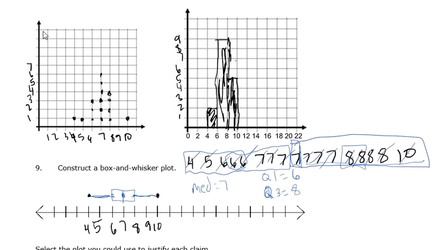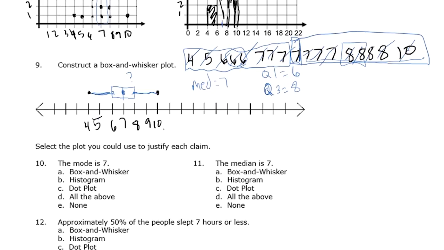Looking at the histogram, that's the same thing. 7 is right here in this giant bar, it could either be 6 or 7 or anywhere up to but not including 8. So that's a big question mark. I don't know how many there are here or here. But if you look at the dot plot, I can clearly see right here that there's 6 7s, so that is my mode. So to justify that claim, I would pick the dot plot.